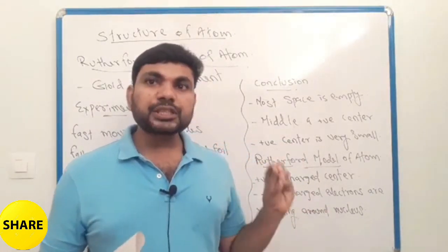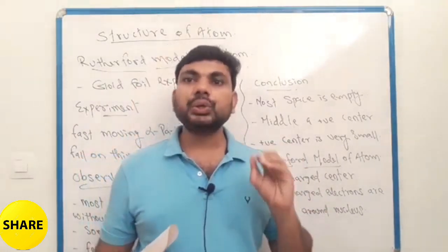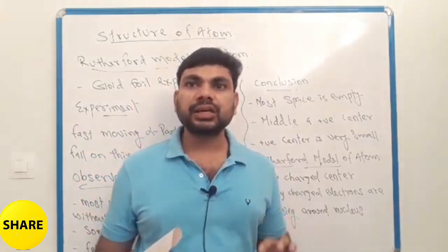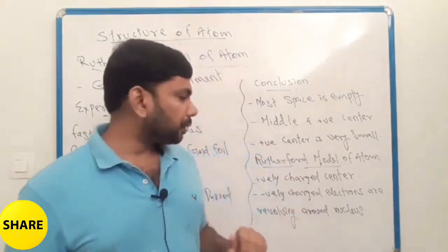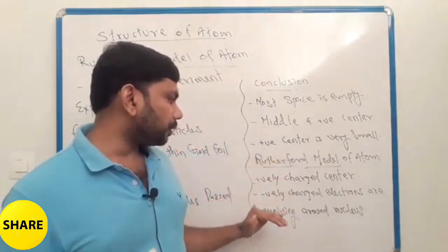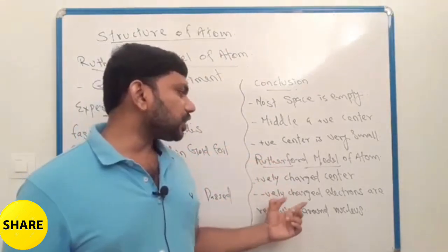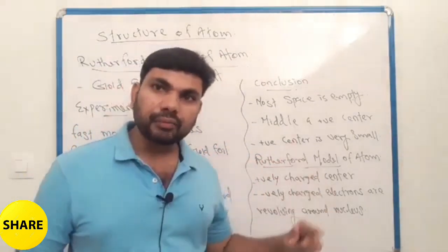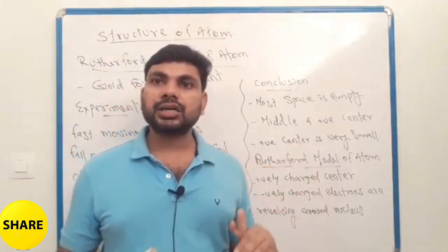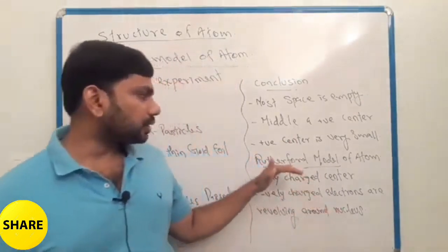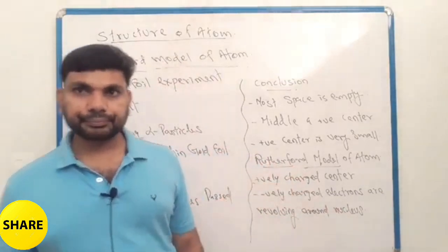Rutherford called this positive center the nucleus. Also, according to Rutherford model, negatively charged electrons are revolving around the positively charged nucleus. This is Rutherford model of atom.